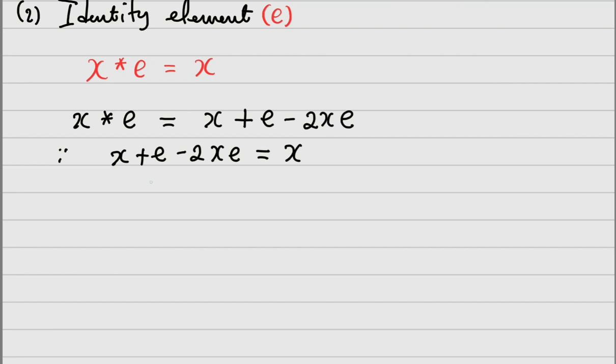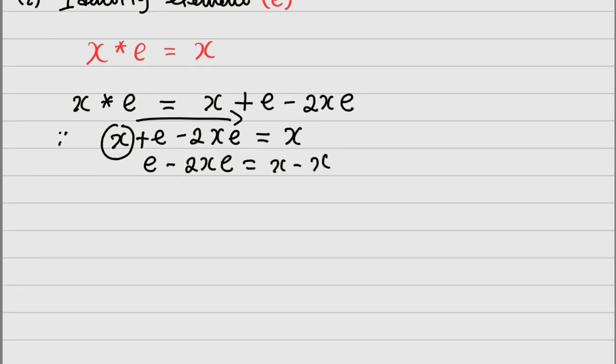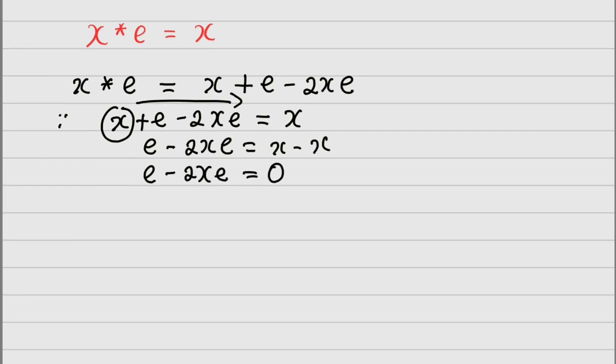Okay, so we have E minus 2xE equals x minus x. I picked this x to go over to the other side. So we have E minus 2xE equals 0.